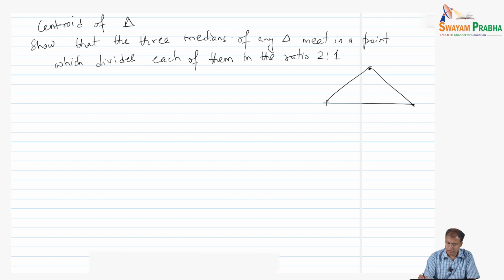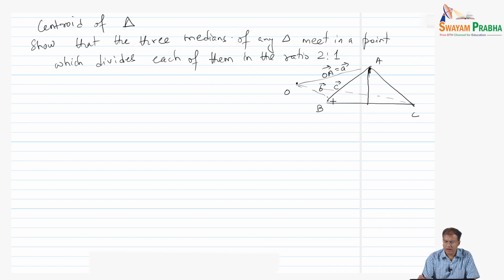So let me call this my triangle ABC, and the moment we introduce these three points, they have position vectors with respect to some origin, let us say vector OA, which is vector a, the position vector of B is vector b, and similarly the position vector of C is vector c, with respect to the origin. And now we have a median which originates from any vertex, and it divides the opposite side in equal ratio. So that is the median.